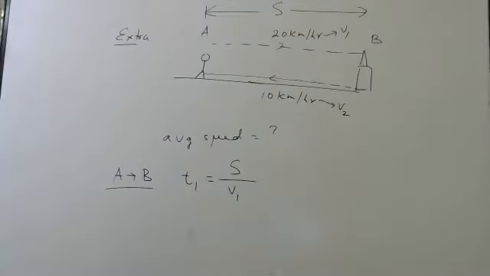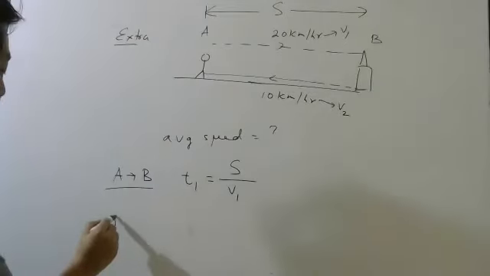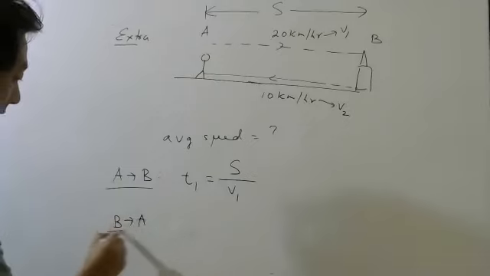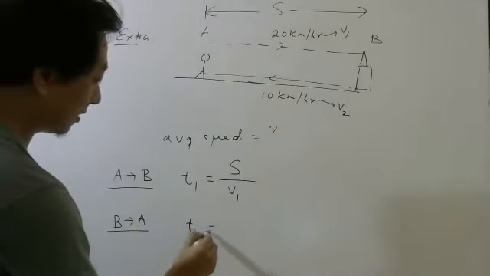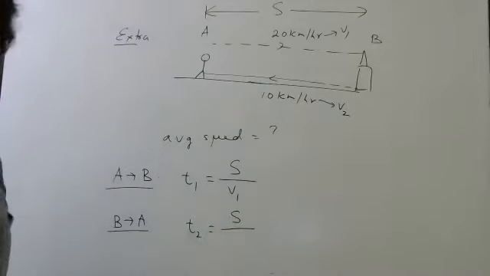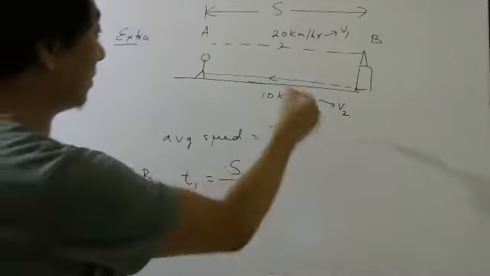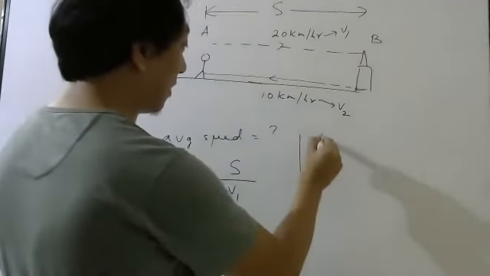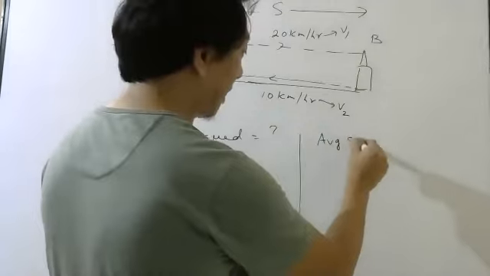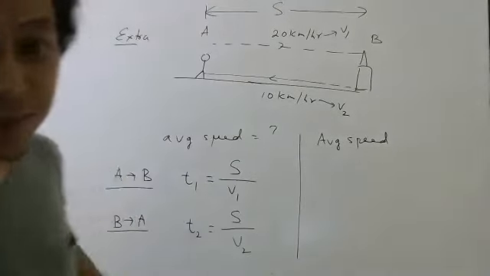Similarly, from B to A, while coming back, what will be time taken? Distance is same only, but the speed is V2.